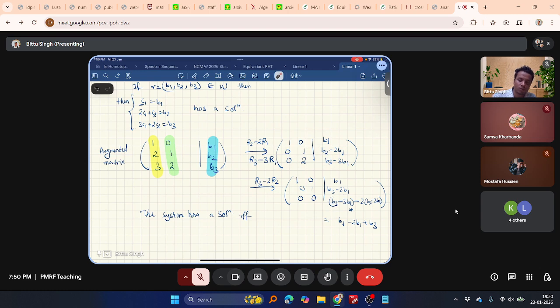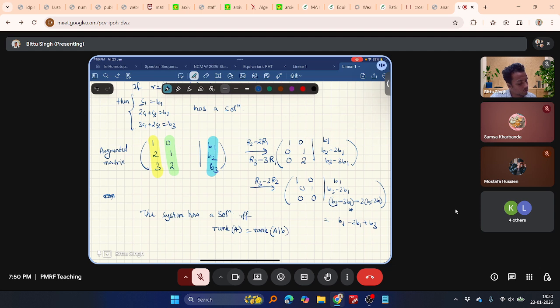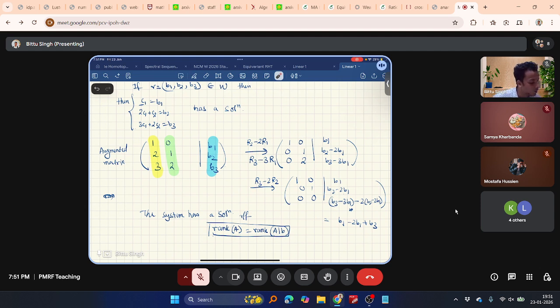This is the necessary and sufficient condition to have a solution. If you know about rank, then the rank of A is the same as the rank of the augmented matrix. Augmented matrix is denoted by this notation. Or if you don't know, then there is no issue. So the system has a solution if and only if this holds.